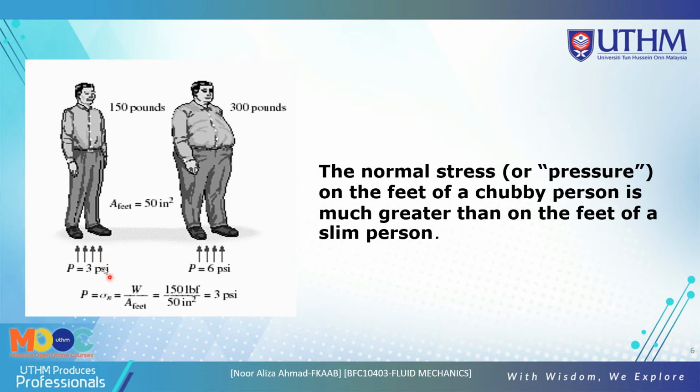The equation is pressure equals W, the weight, divided by area, with area in feet, so this is in PSI unit. The pressure that we have learned in SI unit uses Newton per meter squared. The normal stress or pressure on the feet of a chubby person is much greater than on the feet of a slim person.